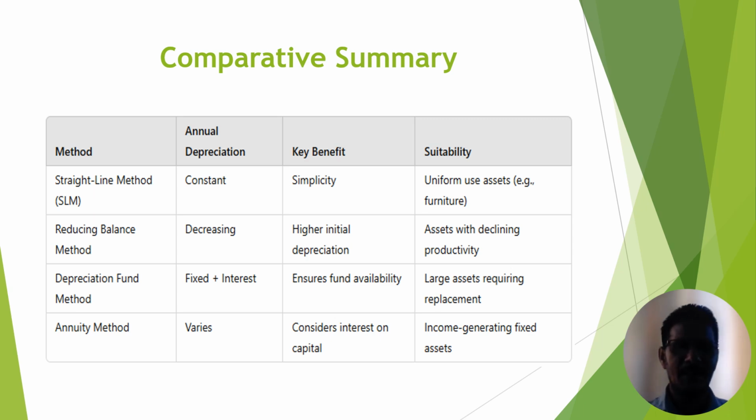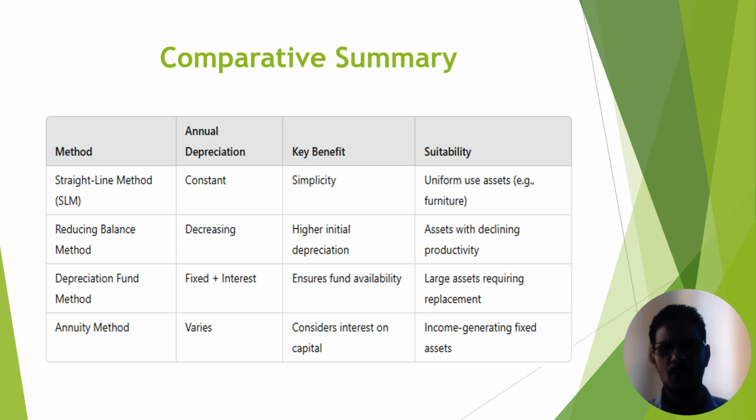Then finally, the annuity method. Under the annuity method, the depreciation amount fluctuates and varies every year, because we have the depreciation amount plus the interest opportunity cost amount. It is based on market fluctuation. We invest an amount in the market, and every year we receive earnings. The earning is uncertain, so every year the depreciation amount varies.